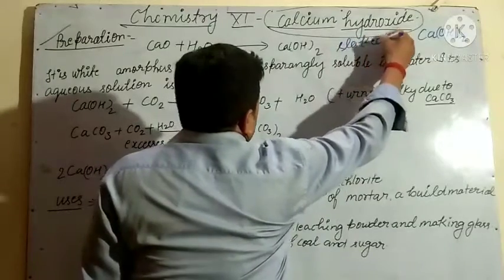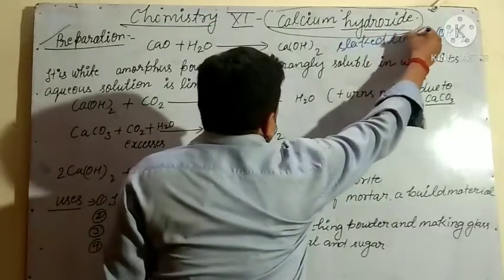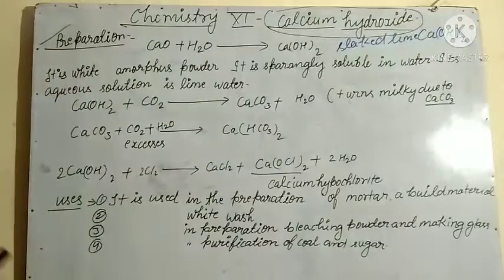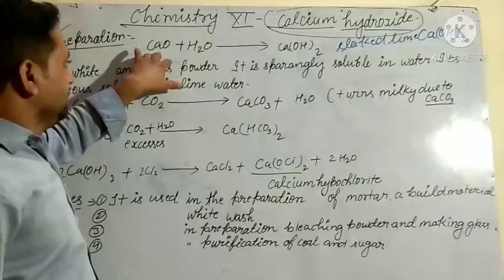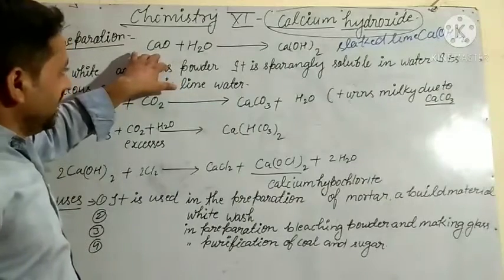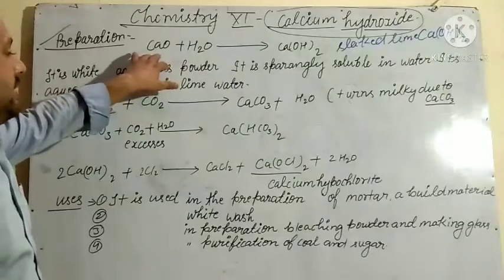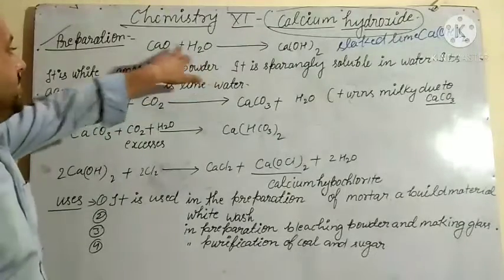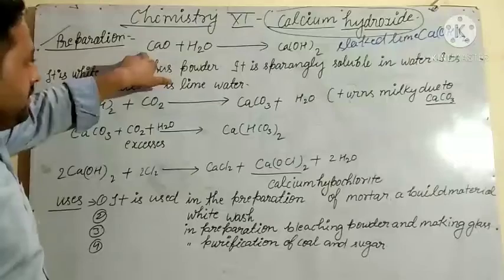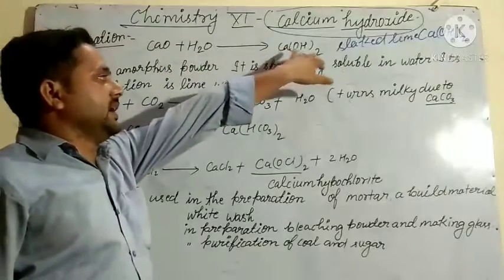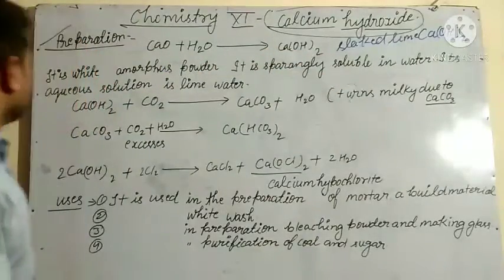Calcium oxide is also known as quicklime. So when water is added to calcium oxide or quicklime, it gives calcium hydroxide or slaked lime.